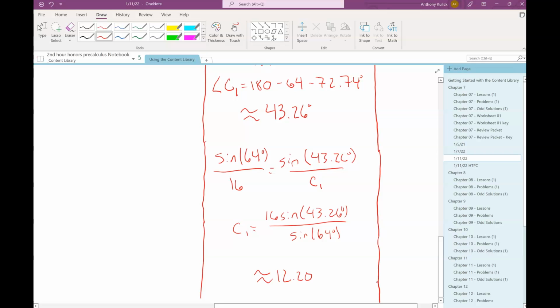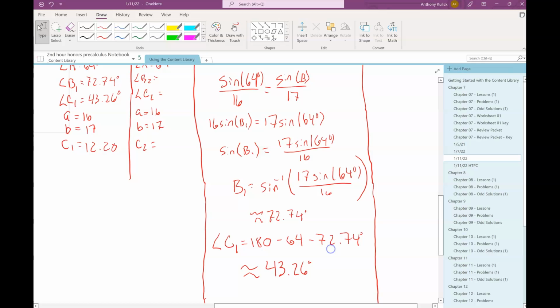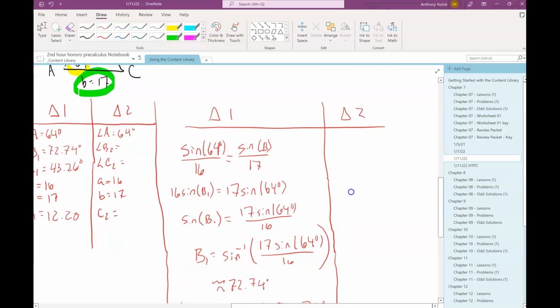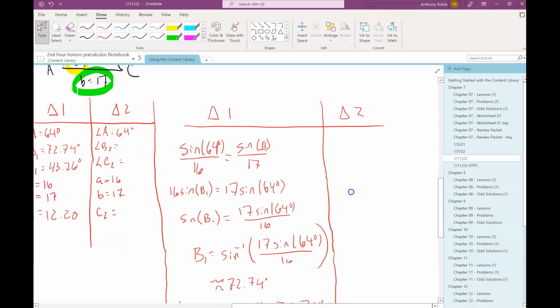Okay, so we still have to do the stuff for triangle 2. Now, triangle 2 is nice in that it's a little bit less work than triangle 1. In triangle 1, we had to use the law of sines twice. In triangle 2, we only need to use the law of sines once. So the first thing I'm going to do is solve for one of the two angles.